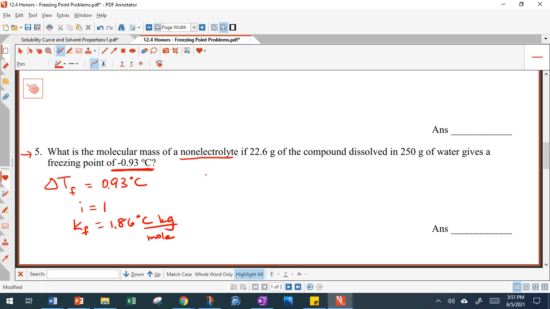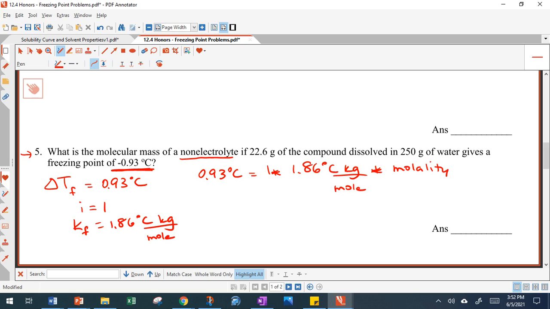Okay, so let's plug this in. So we have 0.93 degrees C is equal to 1 times 1.86 degrees C kilograms over mole, and then times our molality. So now we're going to solve for our molality.